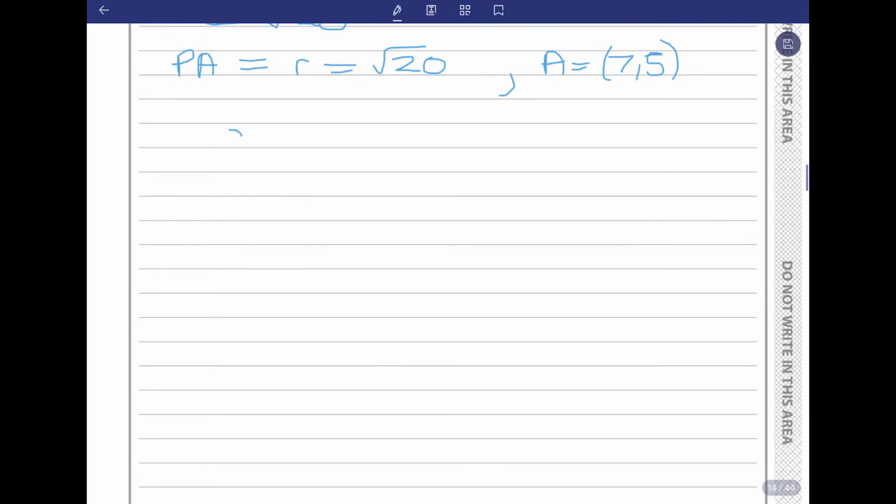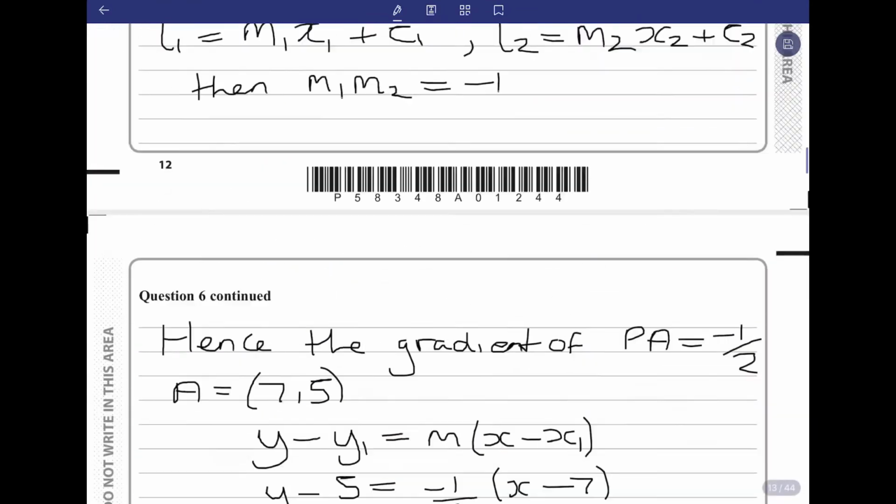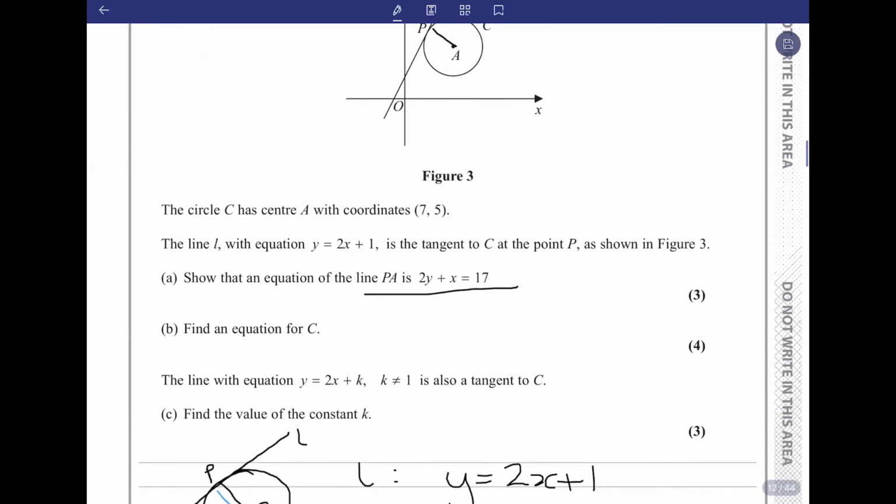So we have x minus 7 squared plus y minus 5 squared equals r squared, which is 20. And I'm just checking that you don't need to simplify that any further. Nope, you don't. So that's fine like that. So that's part B. That's quite long for how many marks was that? That was 4 marks, and there was actually quite a lot of things you had to do.